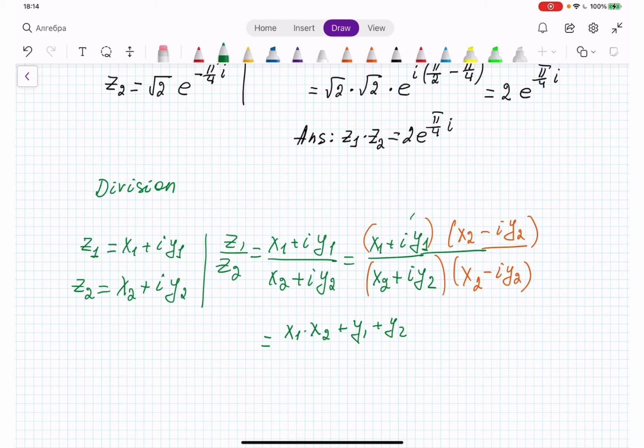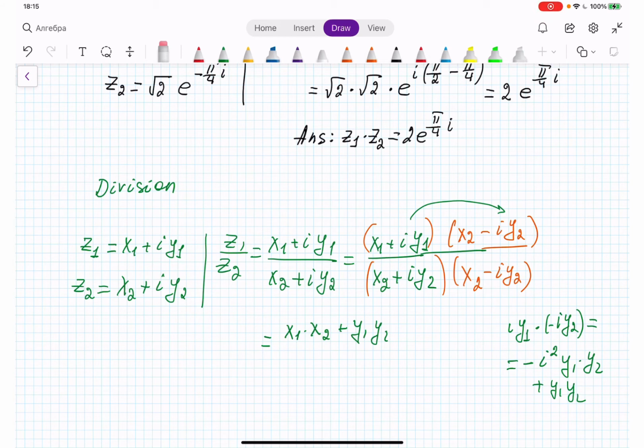When we multiply i y1 times negative i y2, we get negative i squared y1 times y2. Now, because i squared is negative 1, with this negative we get positive y1 y2. Let me clean this drafting.